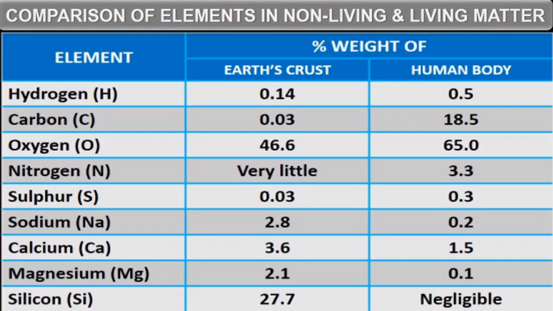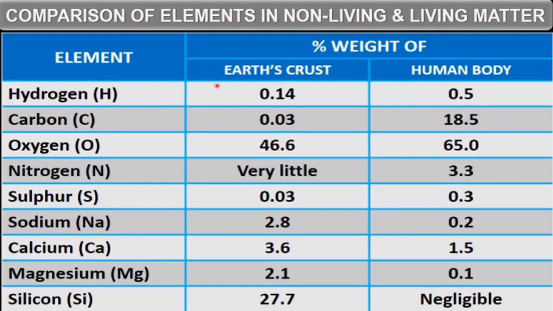Now this is the table for the comparison of elements in non-living and living matter. So all these elements are found in non-living as well as in living matter. Here we are taking Earth's crust as non-living matter which is present around us.